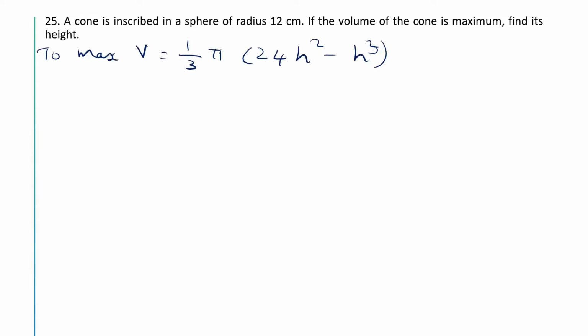So to find the maximum volume, we have to find dV by dH, find the critical points, and then use the second derivative test to find the point of local maxima. So dV by dH is 1 by 3 pi into 48h minus 3h square.